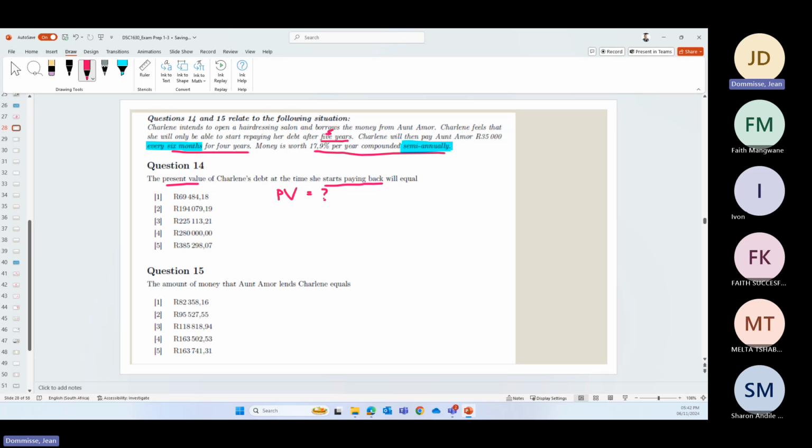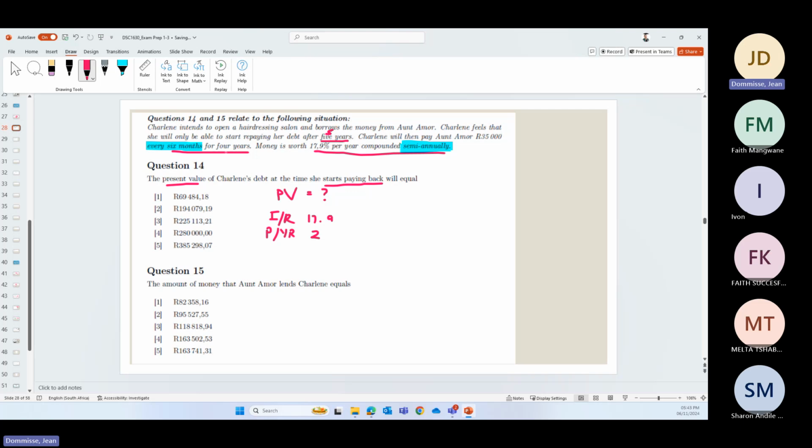So we've got the interest rate is 17.9. We've got the times per year. That is semi-annually or every 6 months, so it is 2 times a year.